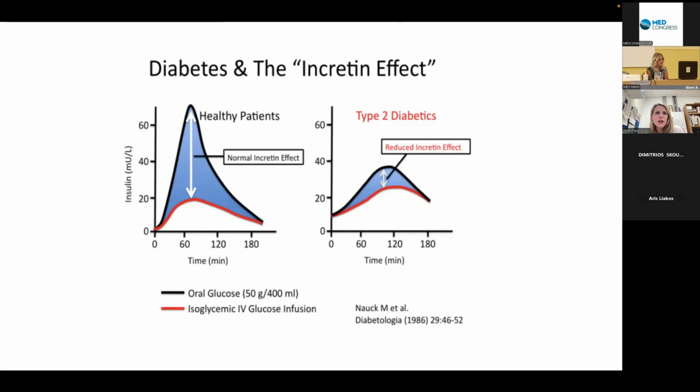On this graph, we can see that in healthy individuals, shown on the left, when oral glucose is ingested, it causes a more robust insulin secretion, represented by the black line, compared to IV glucose, represented by the red line. This difference is known as the incretin effect. In subjects with type 2 diabetes mellitus, as shown on the graph on the right, the effect is reduced.